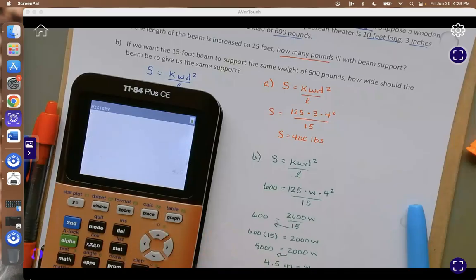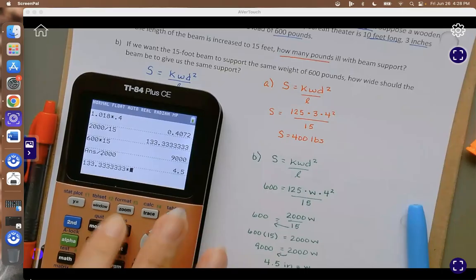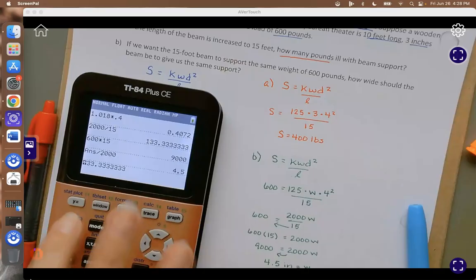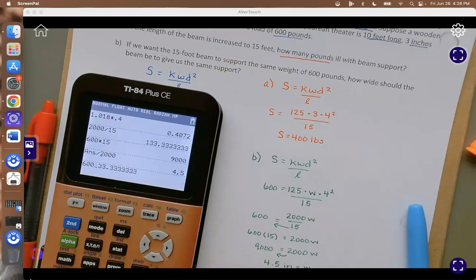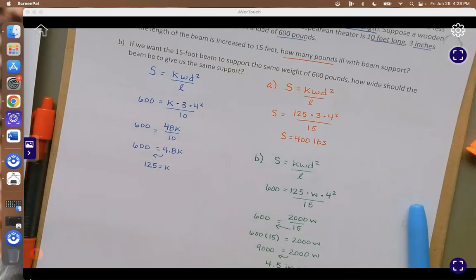Let's say I do that times 600. Oops. Actually, I need to put the 600 first, don't I? 600 divided by, it'd be 4.5. So either way would work. Okay, so that'd be 4.5 inches wide.